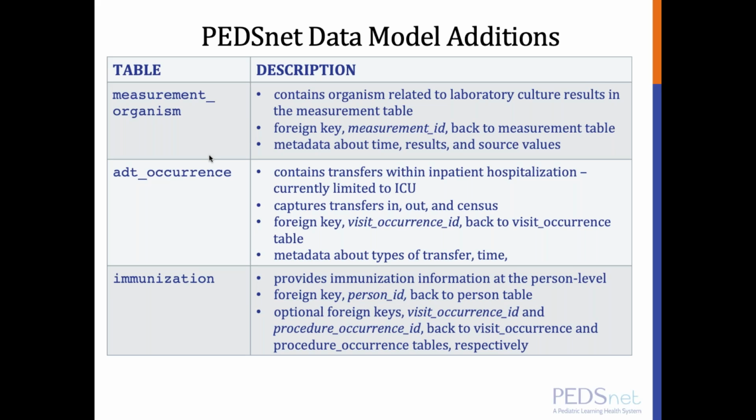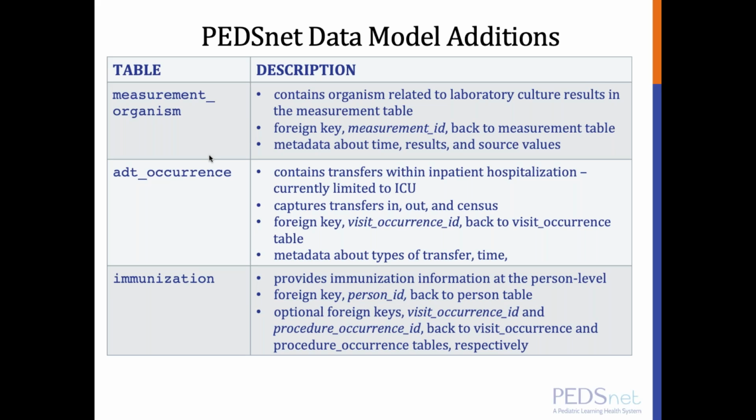So the data model additions, as I mentioned before, the measurement organism is specific to laboratory culture results. So it'll take a measurement test, like some sort of blood culture, and then the measurement organism will say if it was staph or something else. And so it gets more specific when you need that information.